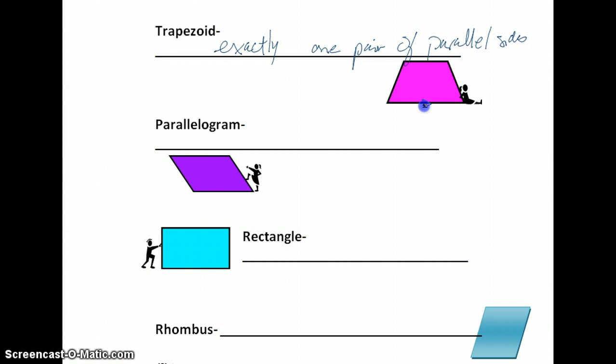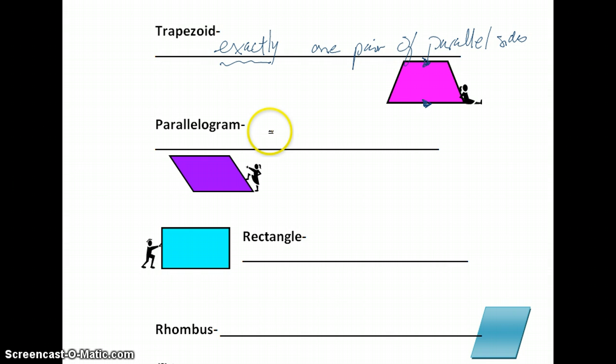We can say that this side is parallel to this side. But the most important thing is that it is exactly one pair. A pair is 2, 1, 2. Those are our parallel sides.